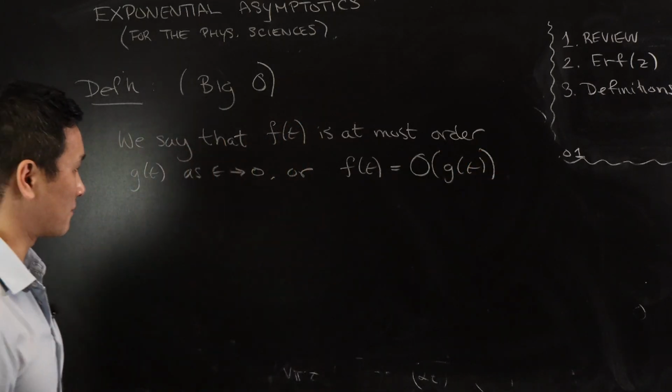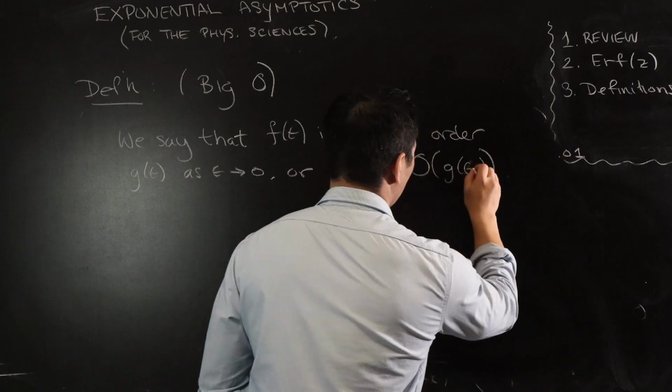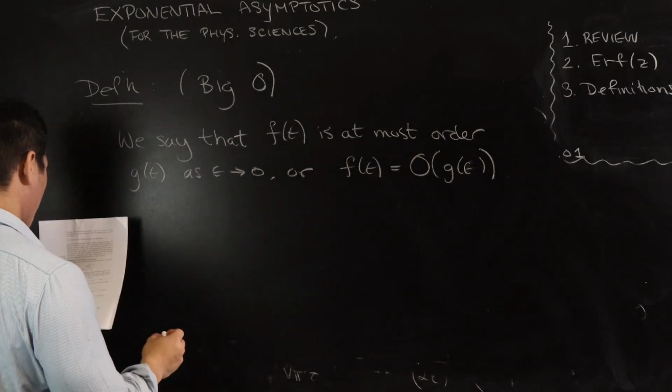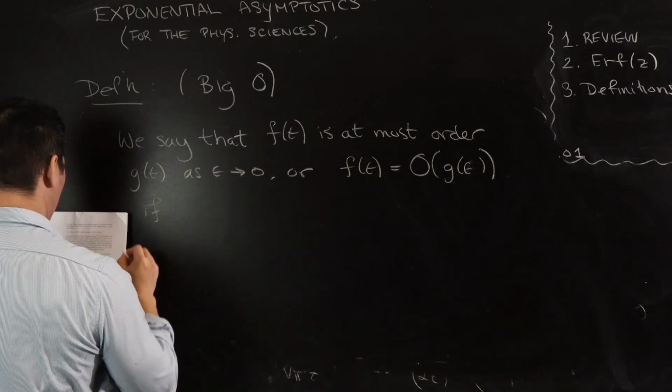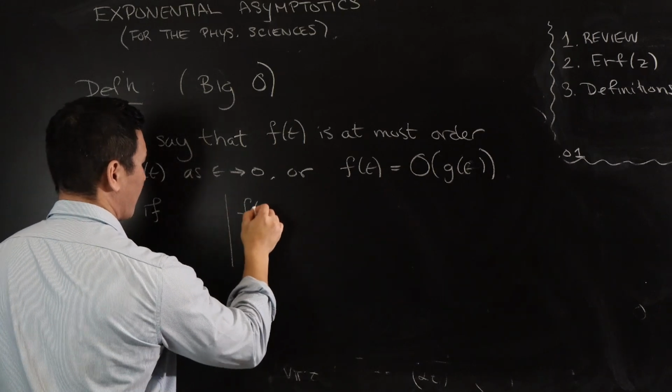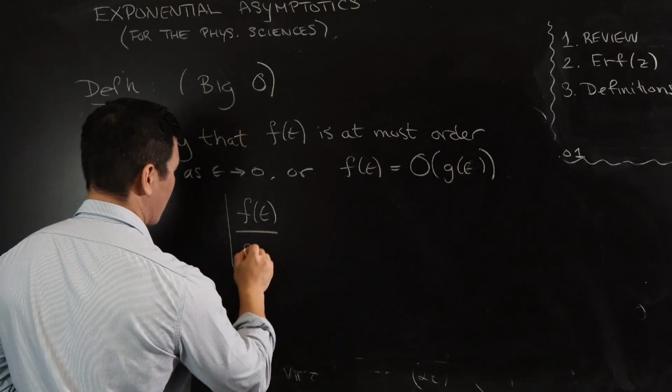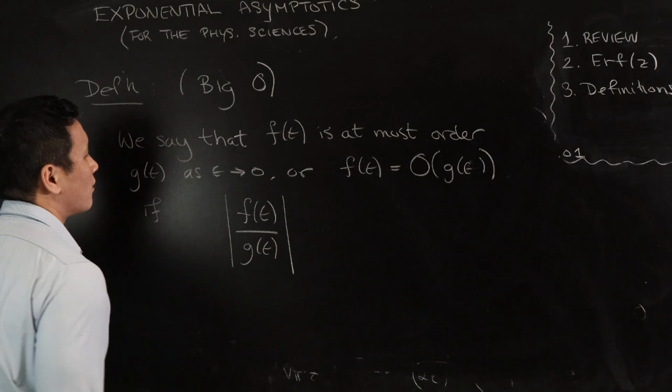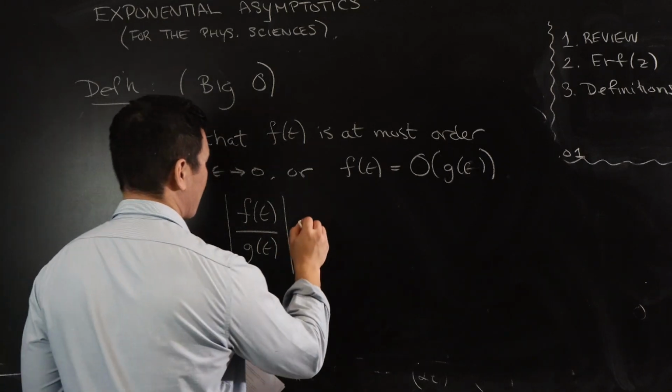My epsilons look a bit like t's. If in the limit this is less than some m.